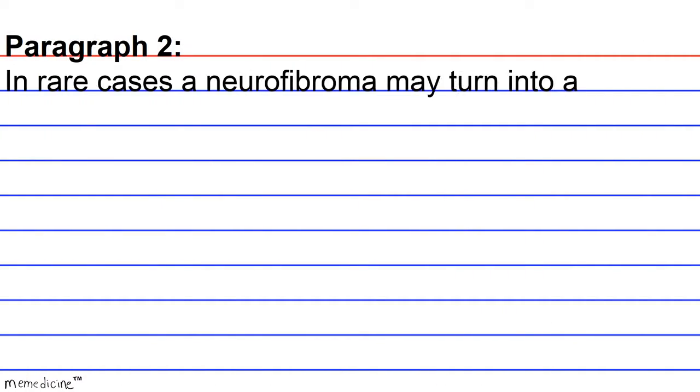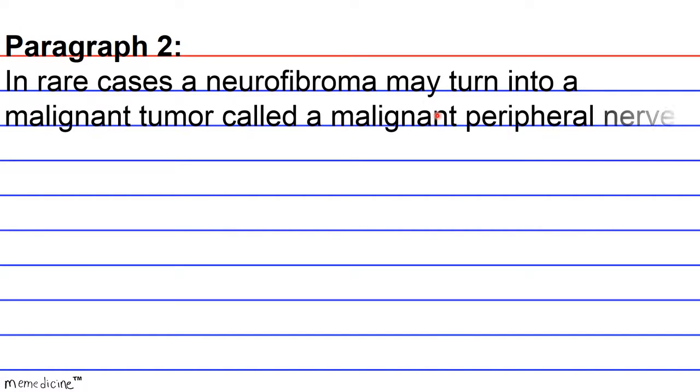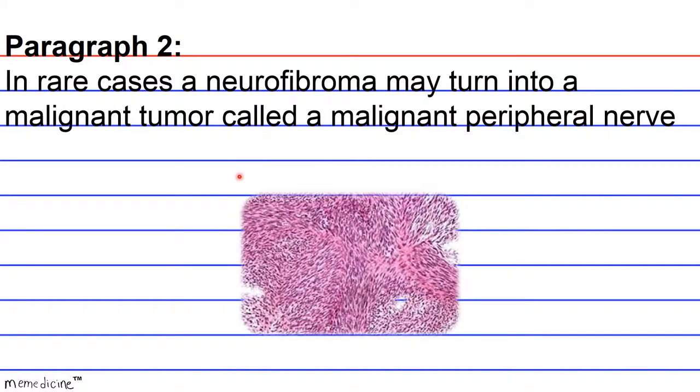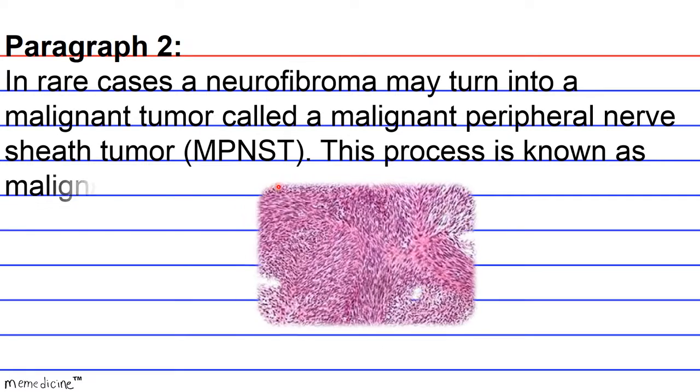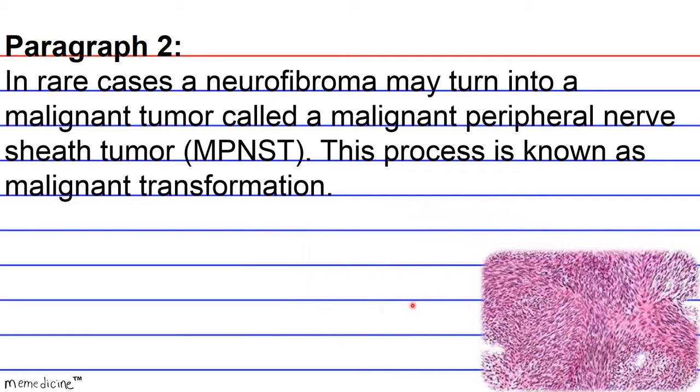In rare cases, a neurofibroma may turn into a malignant tumor called a malignant peripheral nerve sheath tumor, MPNST for short. This process is known as malignant transformation, and this is a histological slide of this condition.